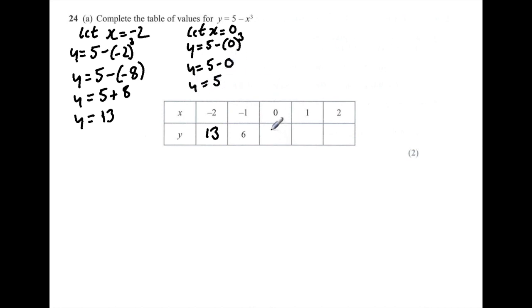So when x is 0, y is 5. Now I'm going to repeat the process again, but this time let x equal 1. So y equals 5 minus 1 cubed. 1 cubed is 1, so therefore y is equal to 4.